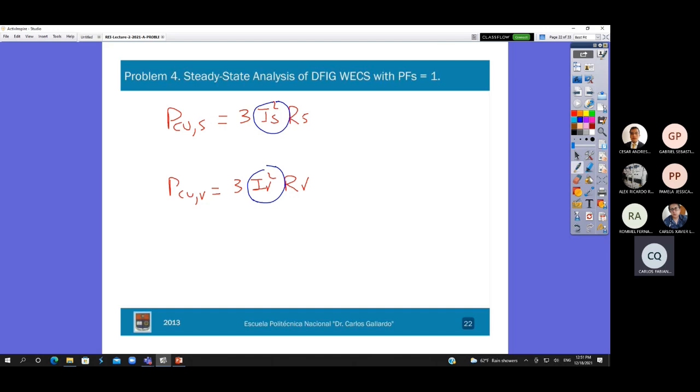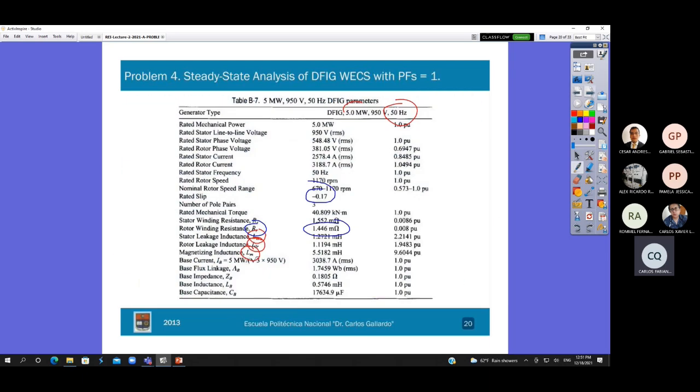So substituting the values, I will have 3 times the stator current, which is 849.64, squared, times the stator resistance. The stator resistance from the manufacturer is this value. This is the stator winding resistance, and this is the rotor winding resistance.